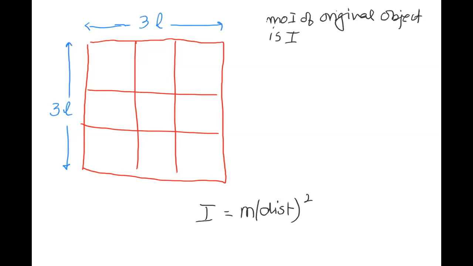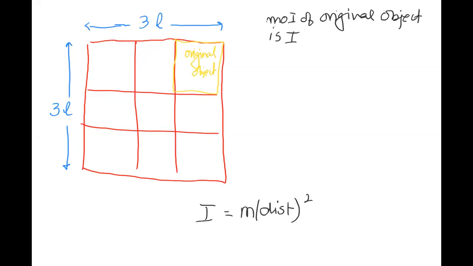If I increase the size of the object by a factor of 3, moment of inertia increases, yes, Pratiksha, but why did I choose 3? I could have chosen other numbers as well, but the thing in choosing 3 is that one of these squares, in fact all of these squares really, this is the original object.